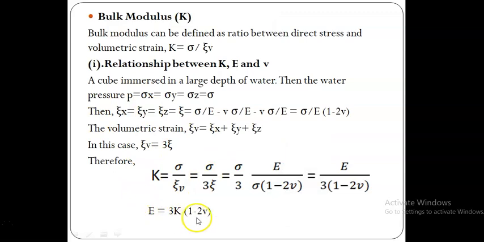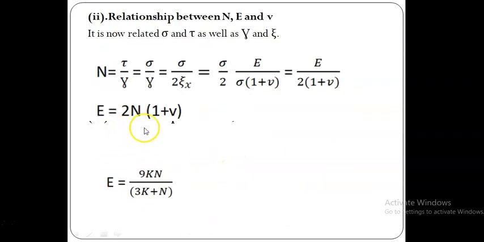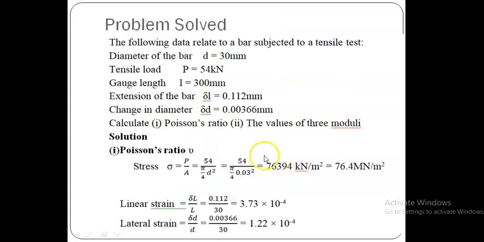Here one is E equal to 3k into 1 minus 2 nu, and another one is E equal to 2n into 1 plus nu. When we algebraically combine these two, we have another relationship, E is equal to 9kn divided by 3k plus n. These are some of the relationships between elastic constants.